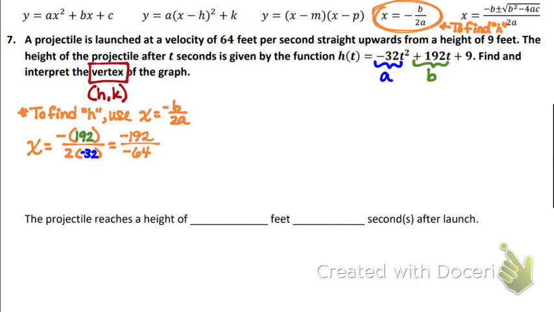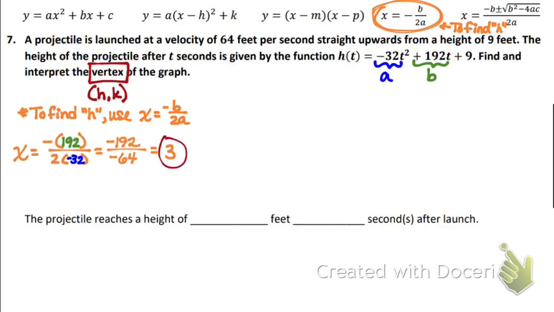Pop that into your calculator and tell me what you get. Negative 192 divided by negative 64. 3. This is our h value.